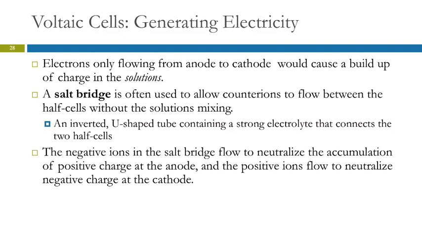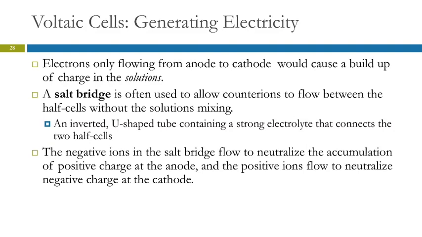So if we had electrons flowing from the anode to the cathode, and then at the cathode they are reducing something, we'd get a buildup of charge. That charge would build up in the solution. We have these electrons coming in, and so we're going to get a buildup of negative ions in the solution. We're going to get a buildup of positive ions in the other solution.